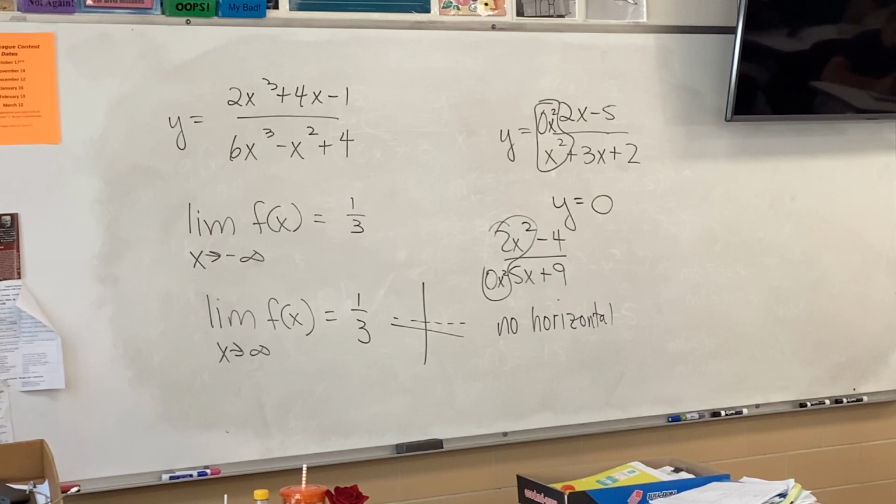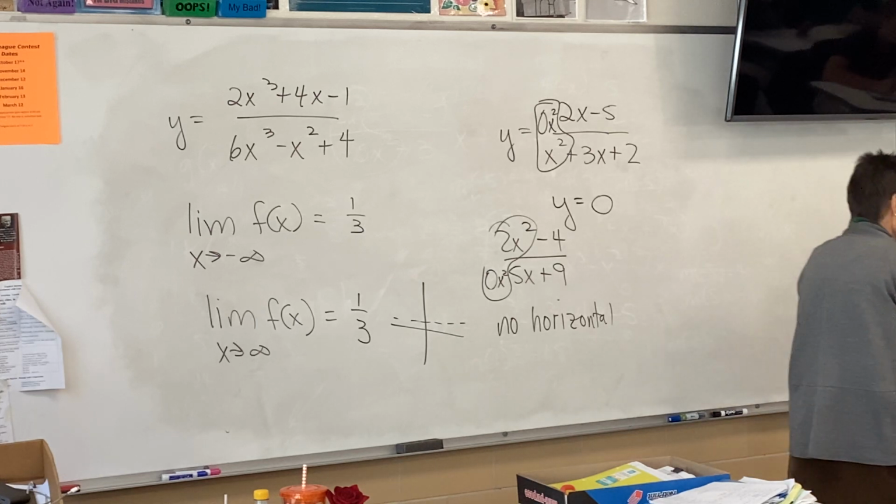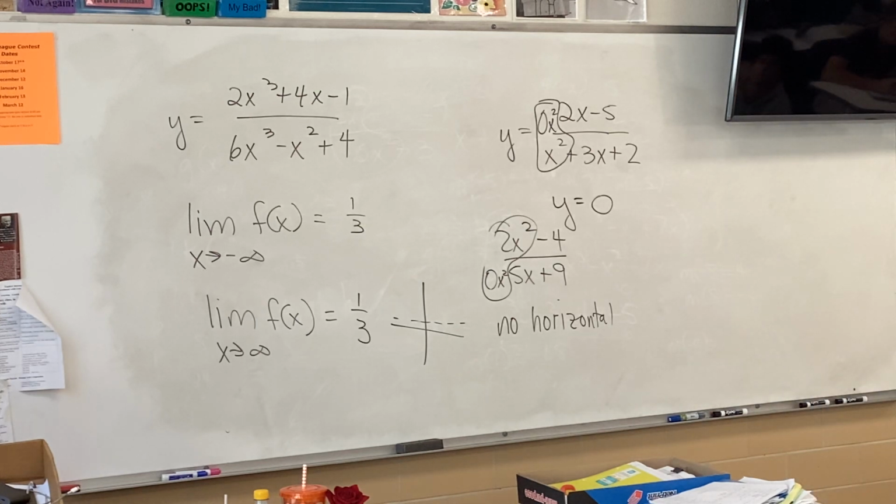Those are horizontal asymptotes, but both sides are coming in from the top, aren't they? Both sides are coming in from the top. Maybe I don't have the right picture, because that sure looks like the right equation.